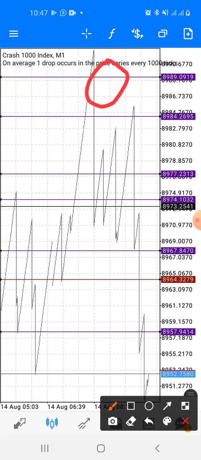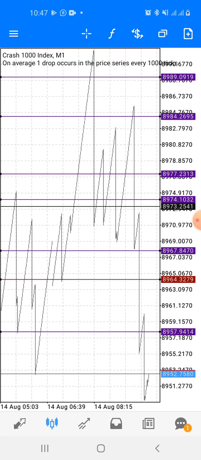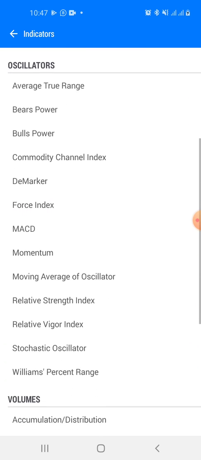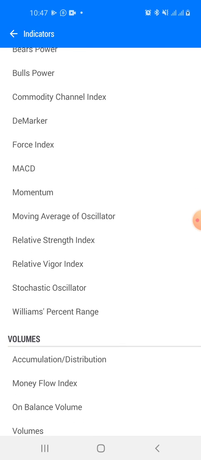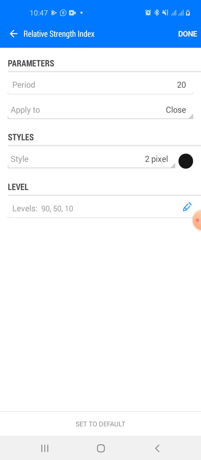So not only that, if I want to confirm, I want to use another confirmation to make it work more perfectly, I can just add my RSI. Just go to your indicators and go to relative strength index, you click it. So you pick 20, apply to close.